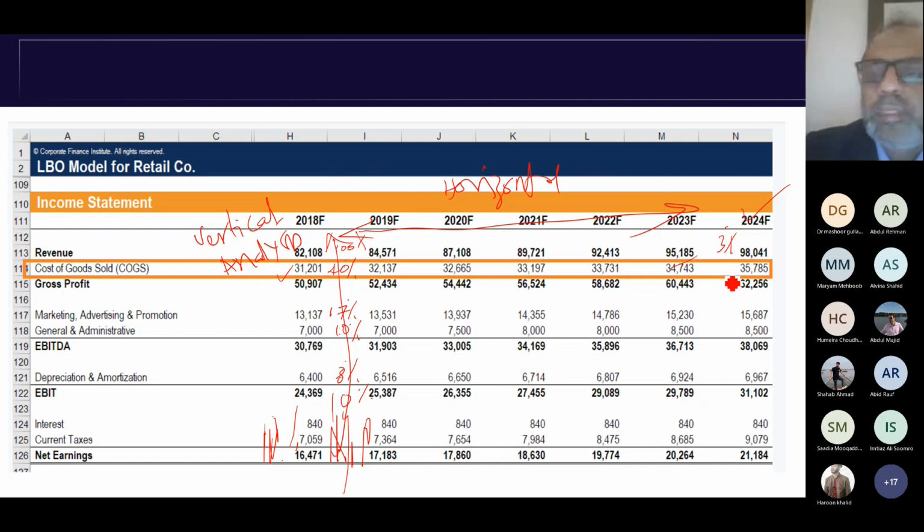Then you say cost of goods sold has a 2% increase. Administration is almost 0% increase, general administration almost 0%, no change. Depreciation 0%, interest 0%, but income tax has increased by 2%.